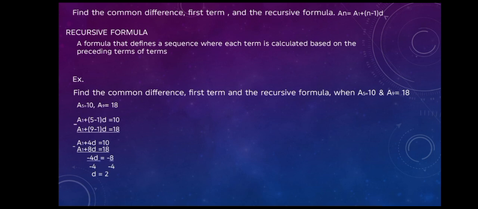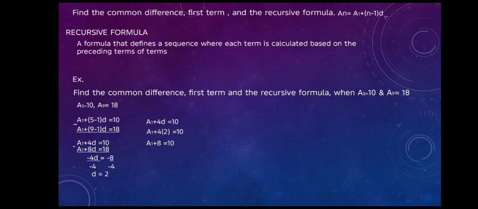Yung hanapin na natin is yung a sub 1. So, we're going to use sa isa lang nating equation na nakuha or na-simplify. So, yung ginamit ko is a sub 1 plus 4d equals 10. So, substitute yung d. So, magiging a sub 1 plus 4 times 2 is equal to 10. Simplify.